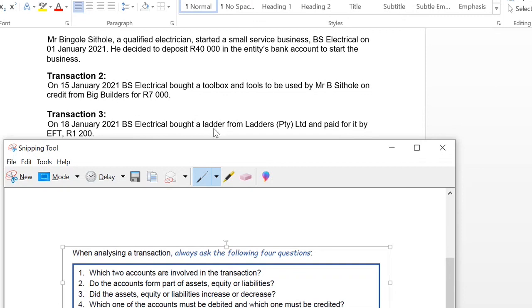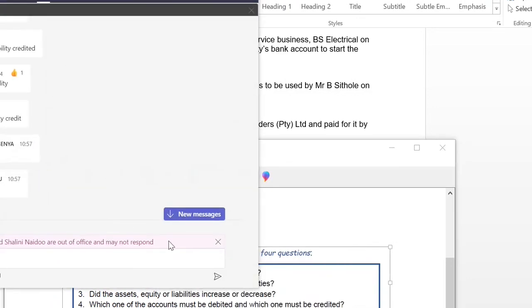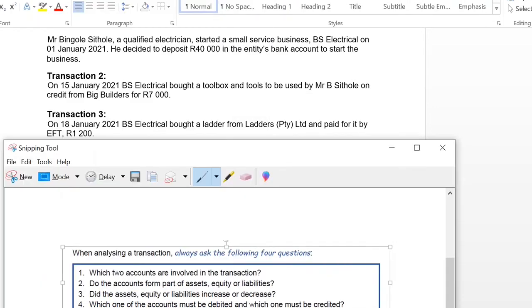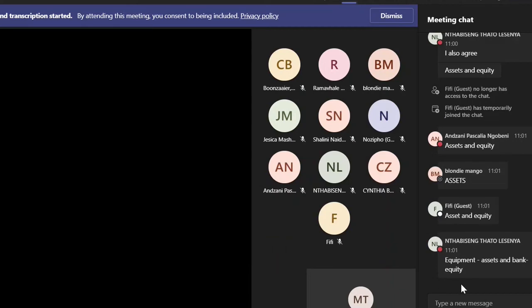So the two accounts are the ladder, which is the equipment, the asset, and bank. Do you understand why it's asset and bank? Not equity.